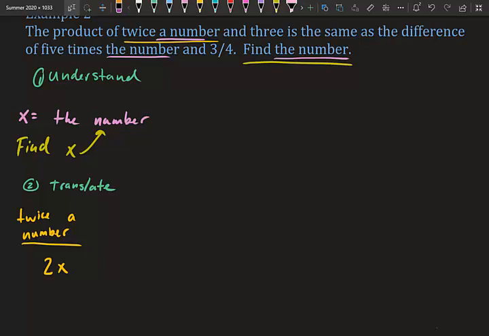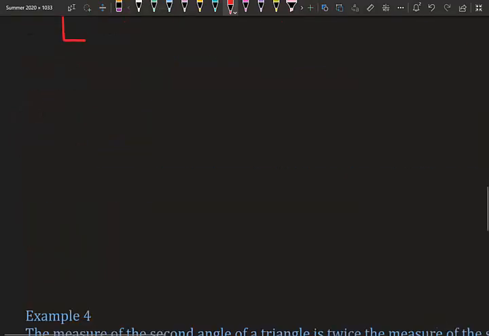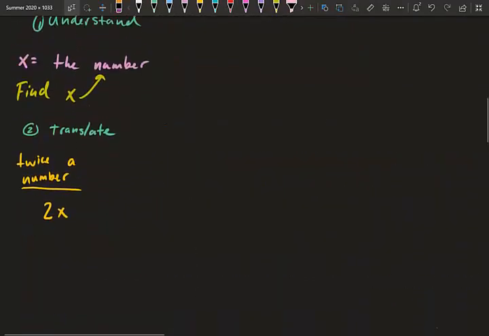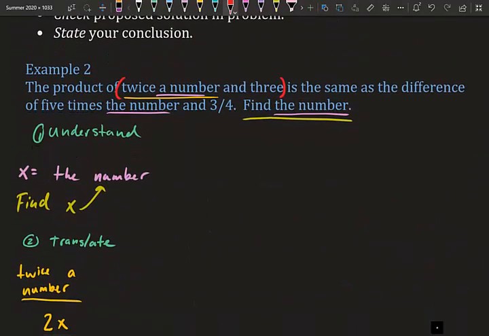Now we're going back to the product of. So the product of twice a number and 3. That means we're putting these two things together, multiplying these two things together.